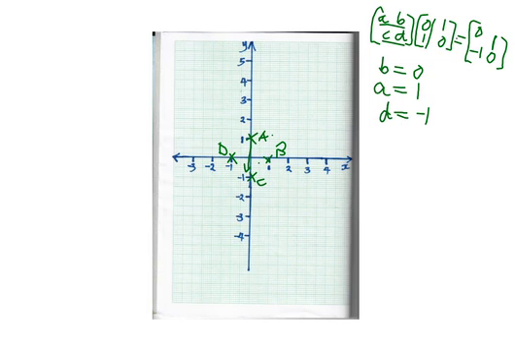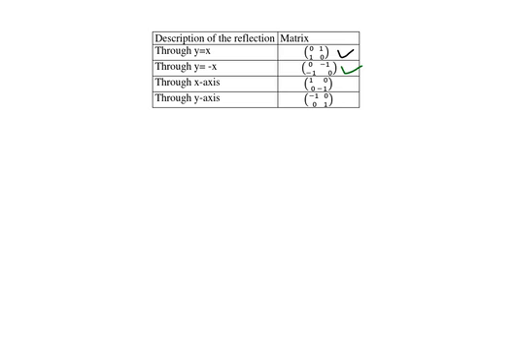Then the second column and the second row gives us c by 1, which is c, d by 0, which is 0, and the value of c will be equal to 0. So this matrix will be given as 1, 0, 0, -1. So we can also confirm that this is the x-axis, and that is true.